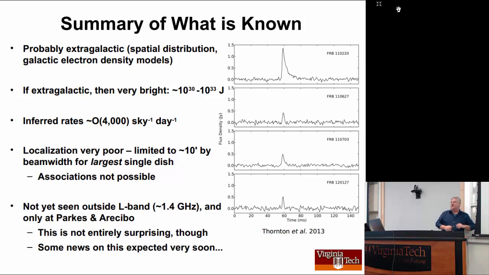Another problem is that localization is very poor. Even though arc minutes for a telescope beam sounds small, and it's a big dish, so it's a narrow beam, the beam is arc minutes wide. That means fractions of a degree wide. Well, the problem is that there are lots of things astrophysically that can occur within a few arc minutes. There are many galaxies, for example, every few arc minutes in the sky. So we can't really tell with this kind of localization whether they're always associated with galaxies or not.